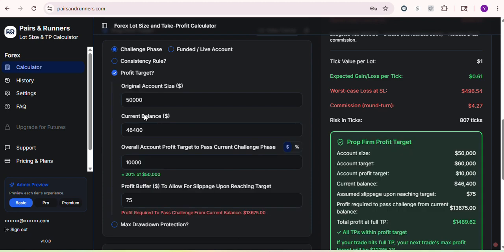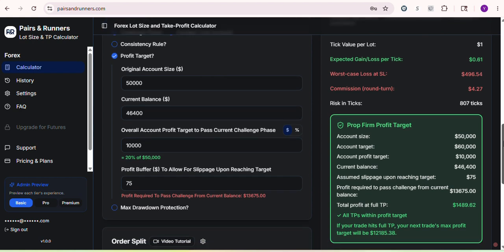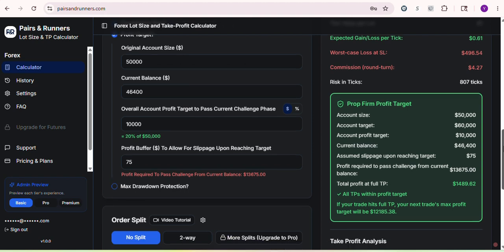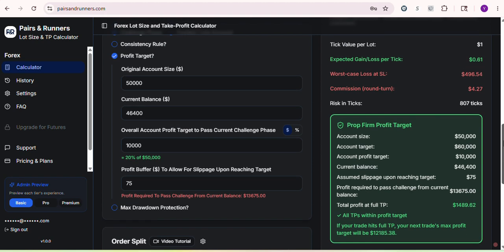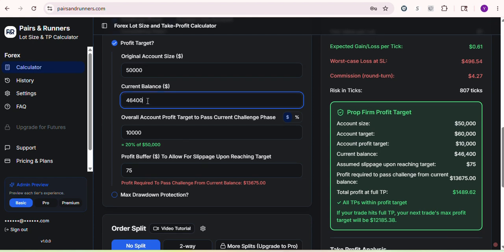We can now move on to the profit target. And I'm going to show you no split and split trades, what it can do. With the split trade, that'll apply to the consistency rule as well. So let's say we're actually near the target. Let's say we're at 52.9 and our target is 54.